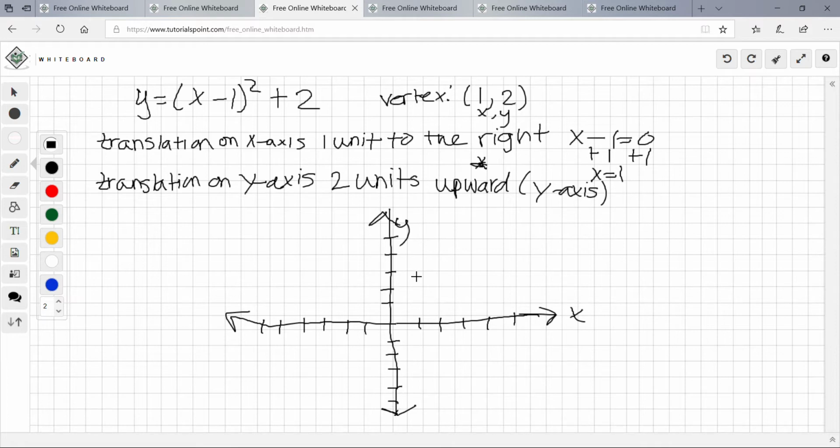We go 1 unit to the right on the x-axis, so that's 1, and then 2 units upwards on the y-axis, so that'd be 1, 2. So this is our vertex, and then we know it's a parabola, so it's going to make that U shape. So this is the graph of y equals (x minus 1) squared plus 2. What if it was a -2? If it was a -2, instead of 2 units upwards, we would go 2 units downwards.